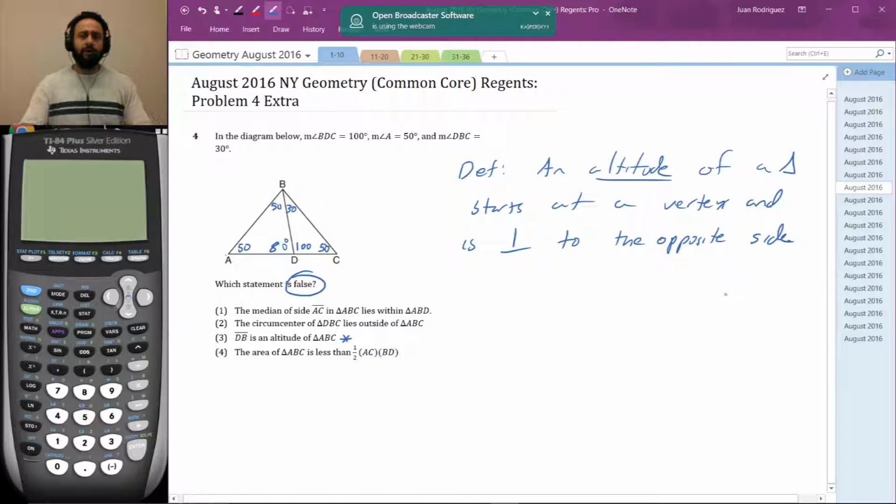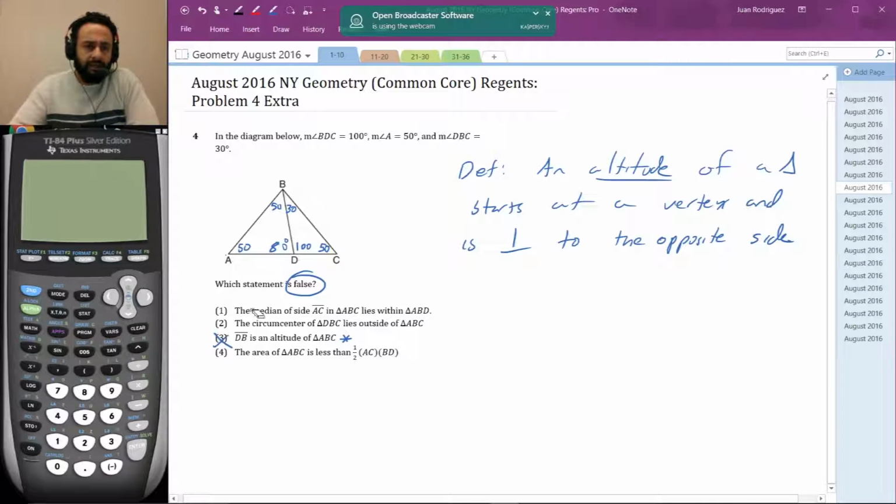So that means the altitude makes a 90-degree angle with its opposite side. So DB being an altitude of triangle ABC would mean that DB is perpendicular to side AC. But in fact, DB makes an 80-degree angle and a 100-degree angle with that side. So in fact, it is not an altitude because it's not perpendicular. That's it.